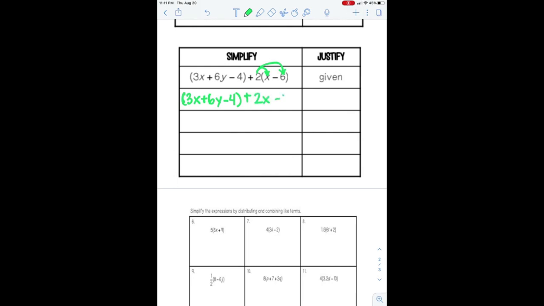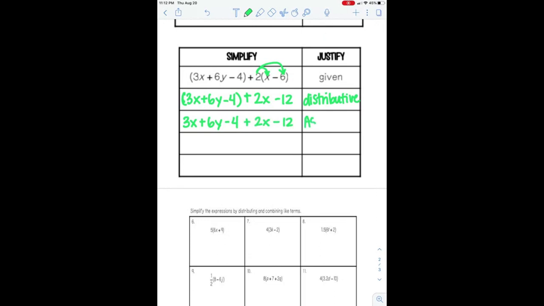And 2 times a -6 is a -12. So now we've got something. And since we got rid of that 2 outside those parentheses, the parentheses for the other part just kind of fall off. They aren't needed anymore. So now I've got 3x plus 6y minus 4 plus 2x minus 12.